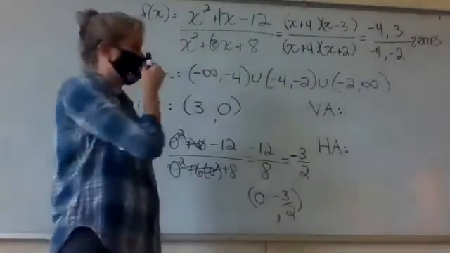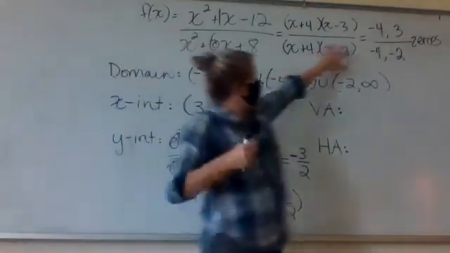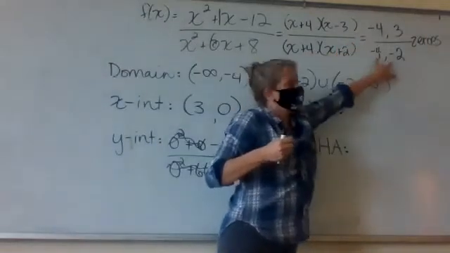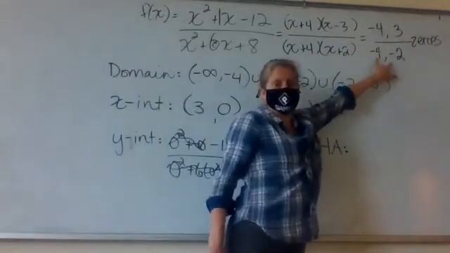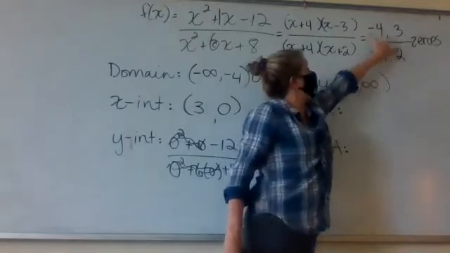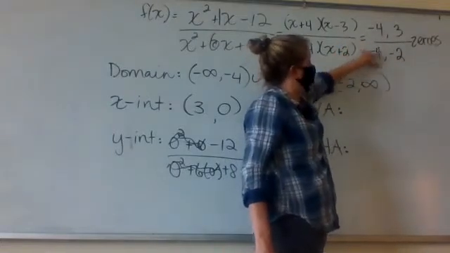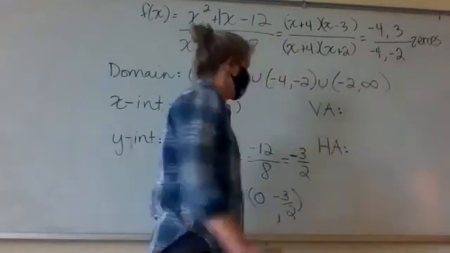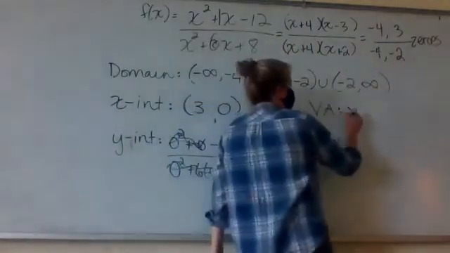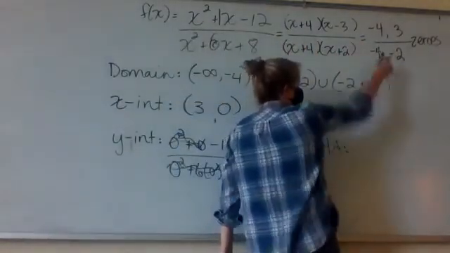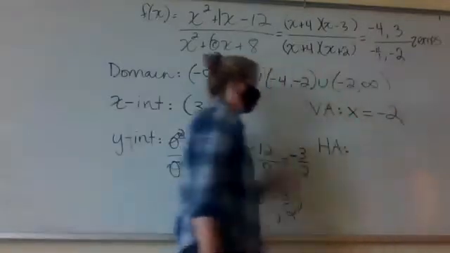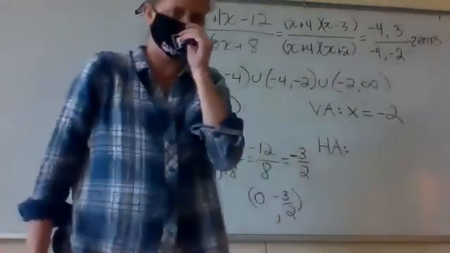Again, vertical asymptotes are good to see from the zeros. Zeros of your denominator that are not also zeros of your numerator. So now I know that -4 is not a vertical asymptote, only -2 is. And vertical asymptotes are always X equals whatever that 0 was. So X equals -2.